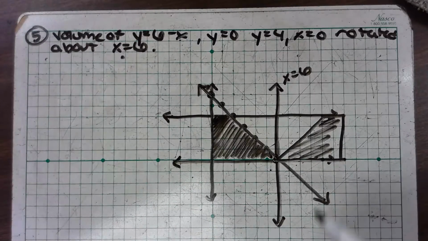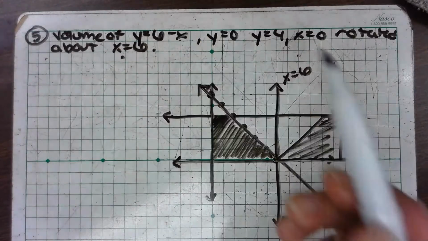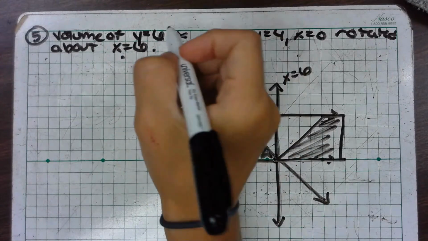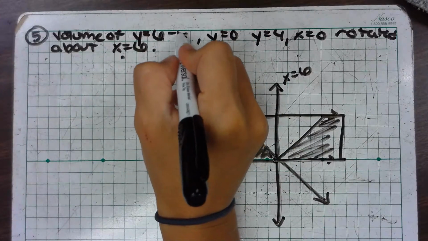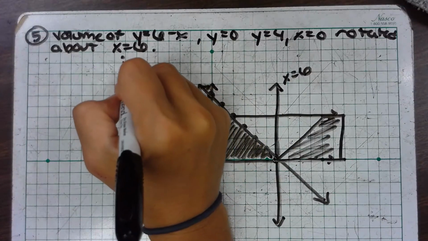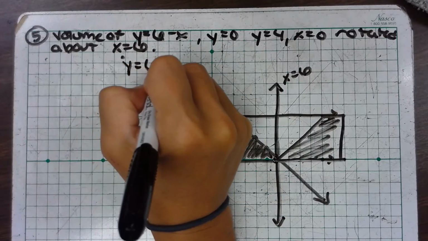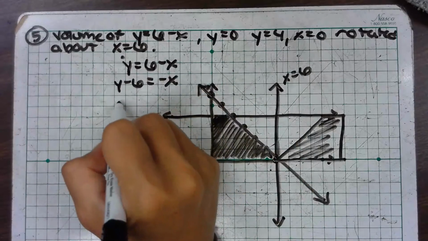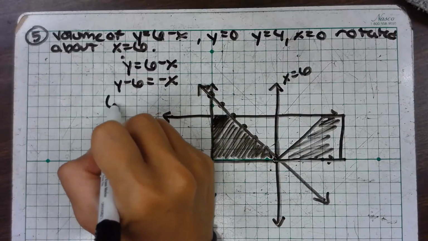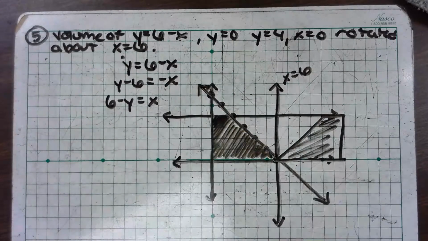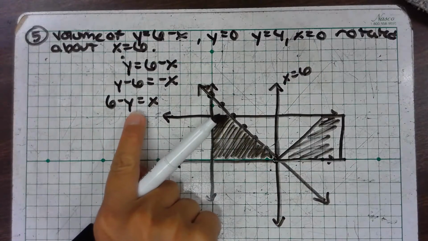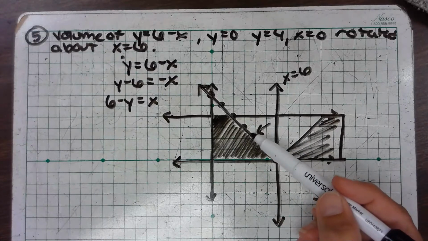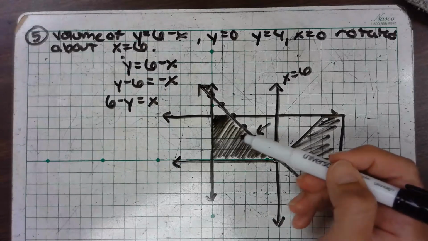All right, so here we go. I've got to put this in terms of y. So here we go. If y equals 6 minus x, y minus 6 equals negative x. And so I end up with 6 minus y equals x. All right. So here's this line right here. Now, anytime I put it in terms of y, I'm going from my right to my left.